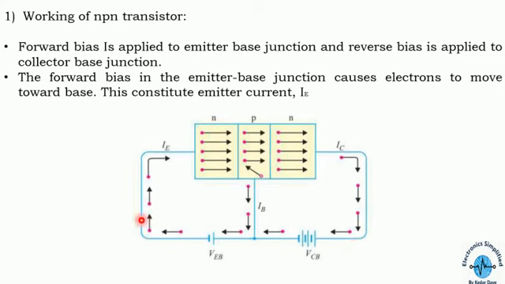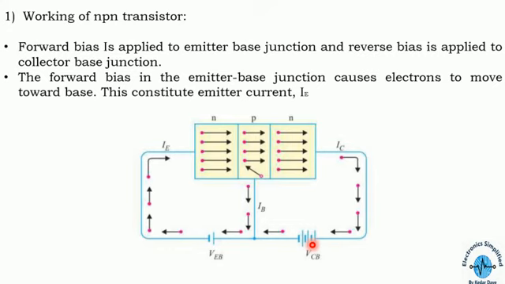Now the biasing conditions I will explain in the next video, that for different biasing conditions the transistor will be operated in different regions. So here we are considering the forward and reverse bias condition, meaning this transistor is being operated in the amplifier region. That means the action provided by this transistor will be the amplification process.